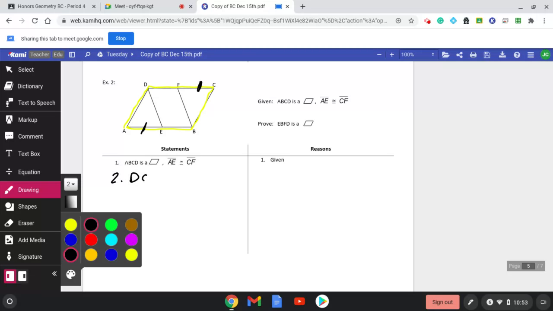Everyone agrees DC is parallel to AB. Can we agree on that? Because it's a parallelogram. Parallelogram implies opposite sides parallel. Okay, we know that.